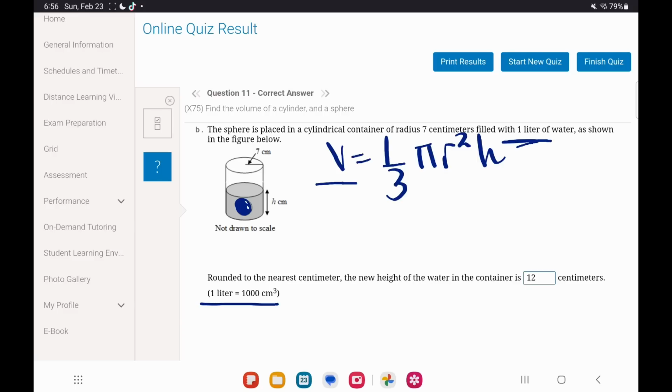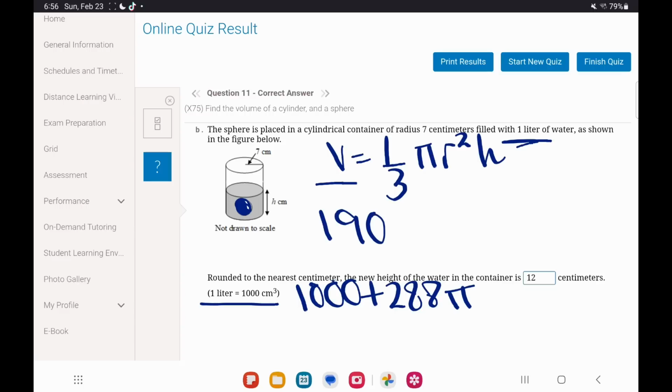Okay, centimeter cube. So we have to make 1 liter into centimeter cube. They already gave us the answer. So we just do 1000 plus 288 pi, and you get 1905.